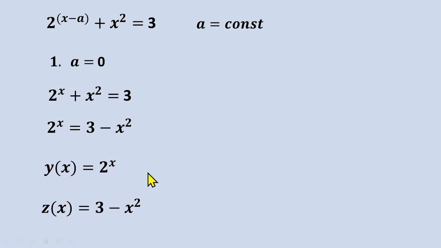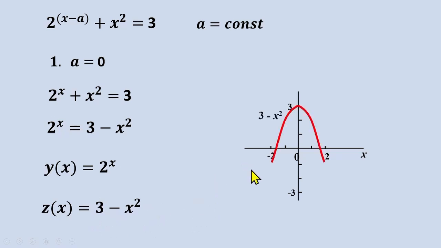Let's do graphical analysis. We plot both these functions together. First, we start with this function, which is a parabola of this form, and the top of the parabola is at point 3 in the vertical direction. Then we plot the second function 2 to the power x.